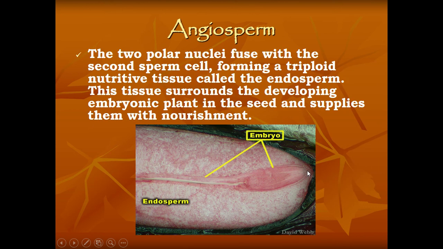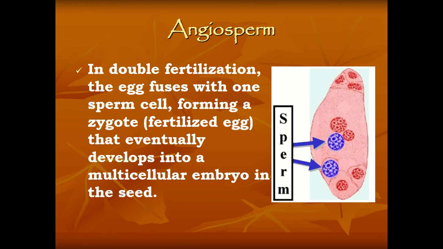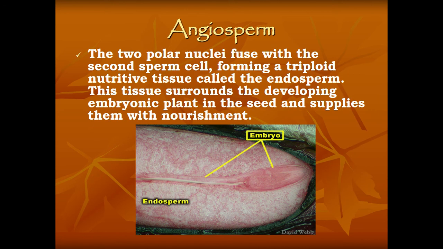Meanwhile, the other sperm from the generative cell will fuse with the two polar nuclei, forming a triploid nutritive tissue called the endosperm, and this tissue surrounds the developing embryonic plant in the seed and supplies it with nourishment.